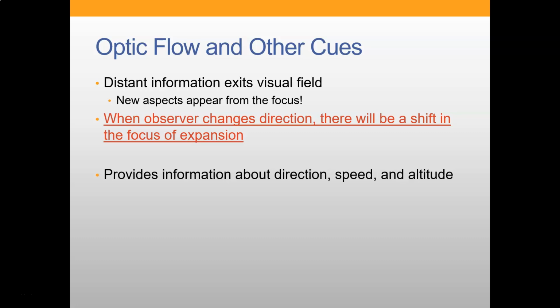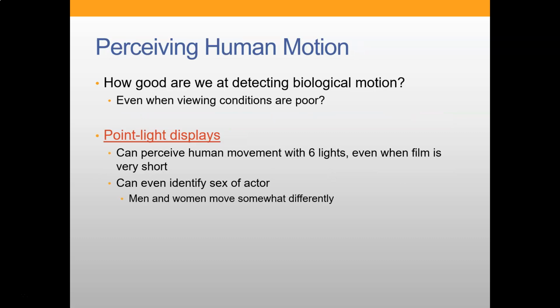Now, whenever you change direction, your focus of expansion will change as well. The focus of expansion and our optic flow field provides us with a lot of information about things like our direction and how fast we're going. If we are moving very slowly, items are going to radiate more slowly from the focus of expansion. If we're going more quickly, that optic flow is going to change a lot more. And it can also tell us information about our altitude.